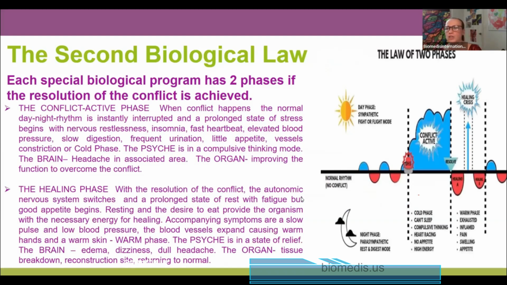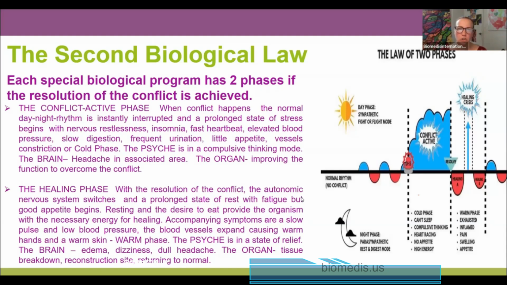The second biological law, or the law of two phases. It has two phases. When we have that shock and stress, or active conflict phase, the normal day-night rhythm is instantly interrupted and a prolonged state of stress begins.